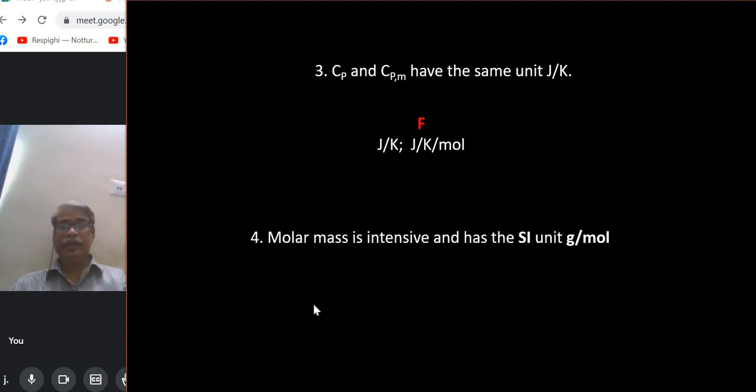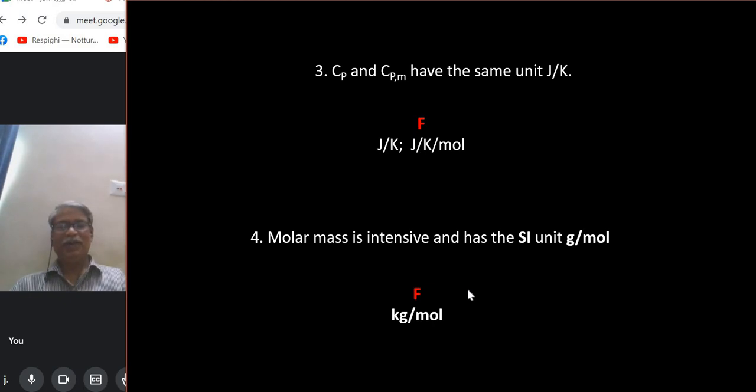Molar mass is intensive. Yes, any molar quantity of an extensive property is a ratio of an extensive property by the number of moles, so it is an intensive property. But if you are not careful enough, you will probably miss the second part of the question, that the SI unit is given in grams per mole, and it is actually kg per mole, right?